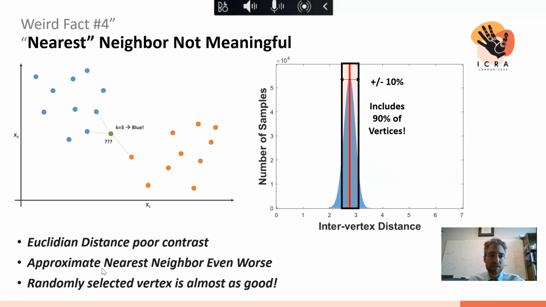But in fact, that's a worse thing because say your algorithm for nearest neighbor is off by, say, plus or minus some percent. Well, you know what? In that case, that means virtually all the nodes are within that range. So in that case, a random vertex might be almost as good and way cheaper to generate than one through a nearest neighbor algorithm.